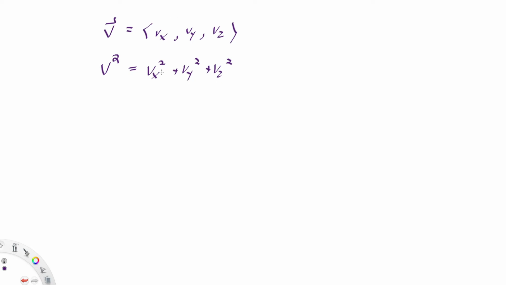Right. And on average, all three of these should be the same size. So we should get Vx squared average is equal to the average of Vy squared is equal to the average of Vz squared is equal to 1/3 the average of the total velocity squared.